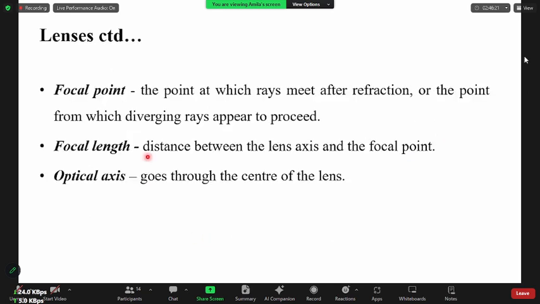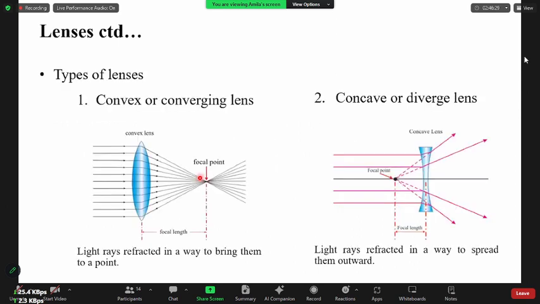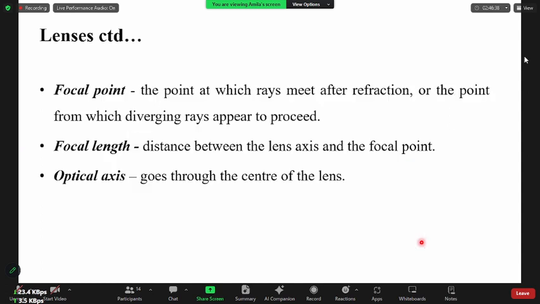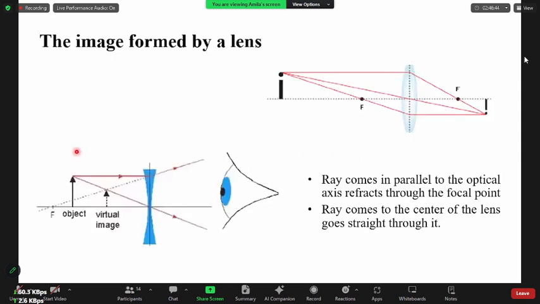And then the optical axis goes through the center of the lens. Actually, the optical axis is also the same as the lens axis. So these three parameters are very important when you are working with lenses.